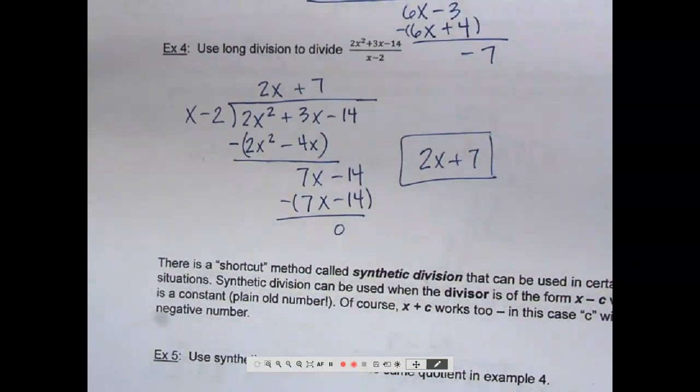No, 3 plus 4, this should be 7x. You want to stop here. This should be 7. So it should divide evenly.